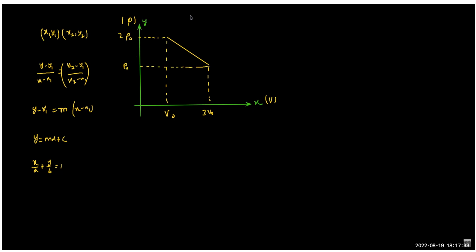So what was this equation? P equals minus P naught V by 2V naught, plus 5 P naught by 2. So this was the derivation, right? And what is the equation?